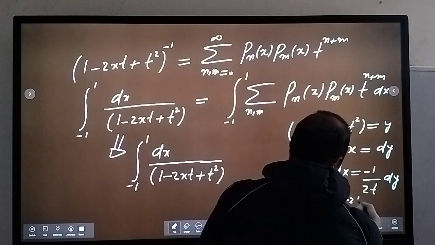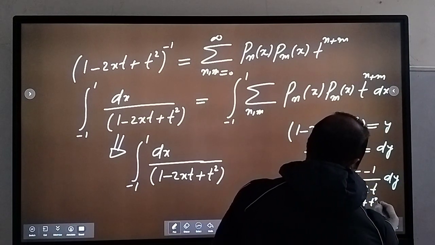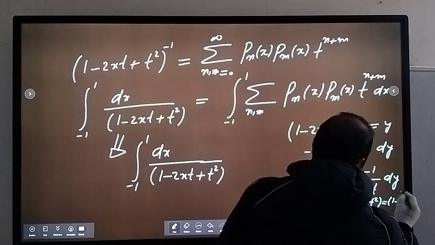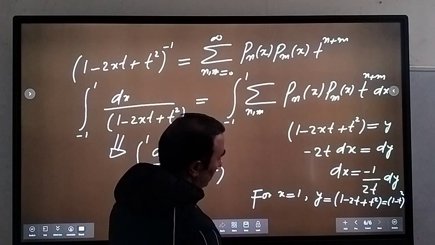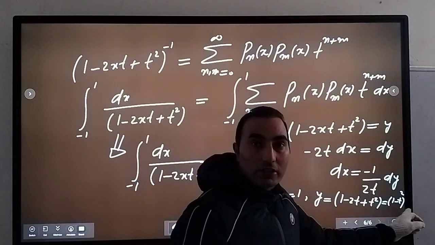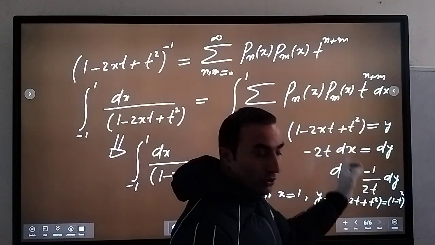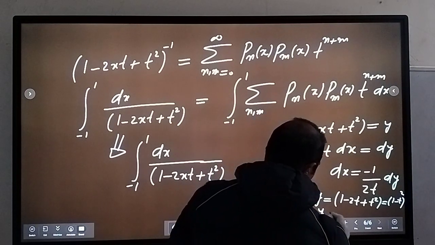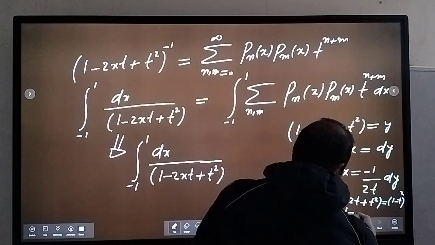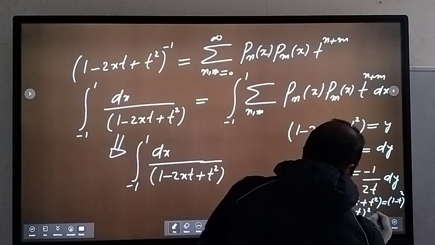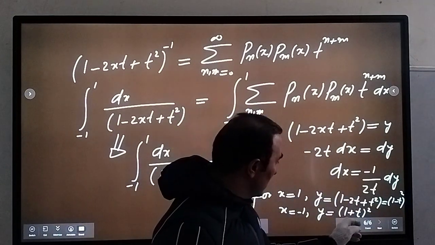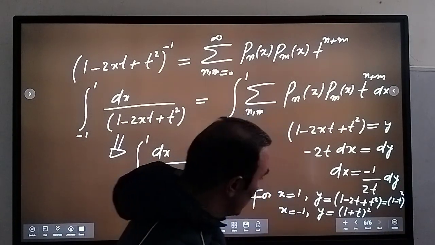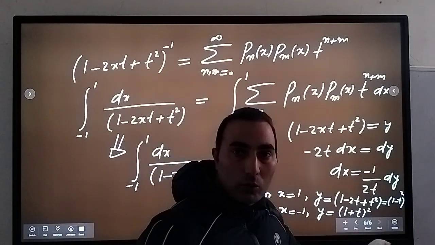It is 1 minus 2t plus t square, which is 1 minus t whole square. And for x equal to minus 1, our y will be 1 plus 2t plus t square, so that will be 1 plus t whole square. Now the limits will go from 1 plus t whole square to 1 minus t whole square.